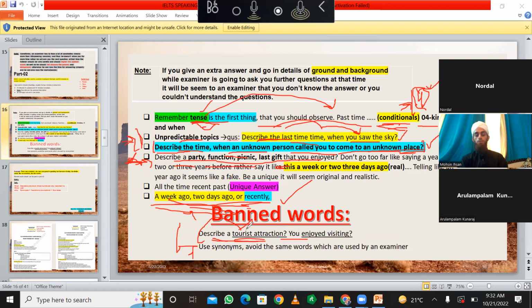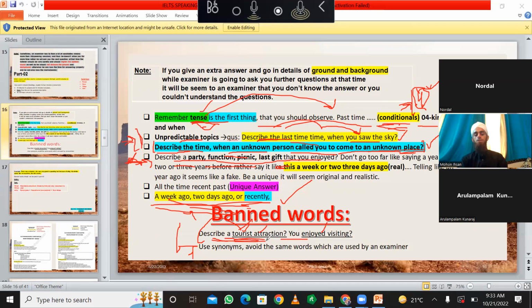This is one way of answering, but I changed tourist attraction to picnic, and enjoyed to impressive or pleasurable. I got pleasure from it, right?